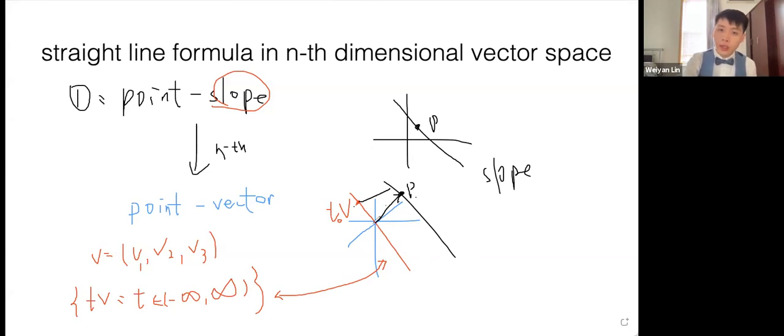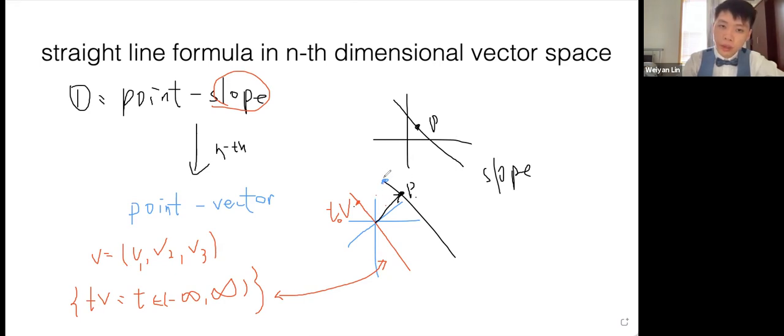So the end result would be a point corresponding to a point on the actual line here.